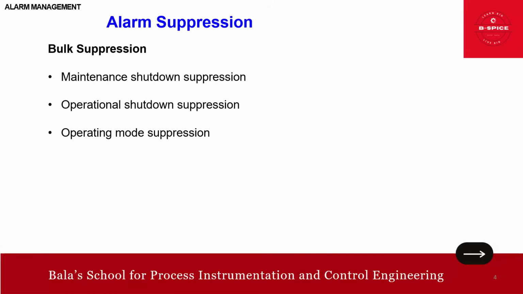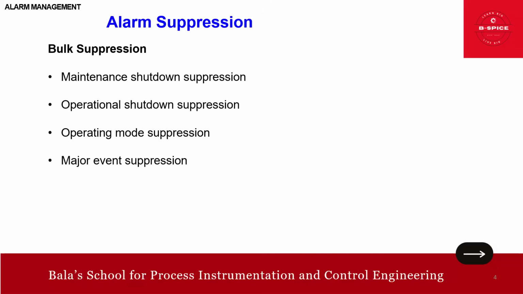You got it, friends? So this suppression is useful when a process is in a transition mode, such as starting up or shutting down. At that time, a lot of alarms will come, and they will distract the people. So that option is also there. We can do that.